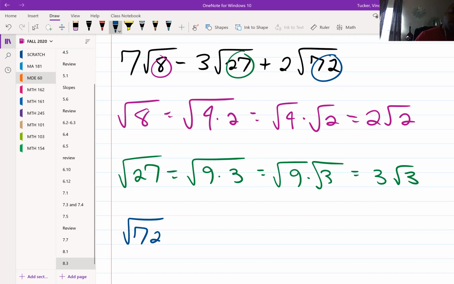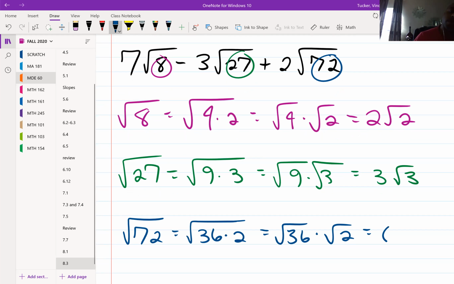And square root of 72 is square root of 36 times 2. Square root of 36 is 6, so 6 square root of 2. All right, questions with the breakdown before we plug them back into our original problem.